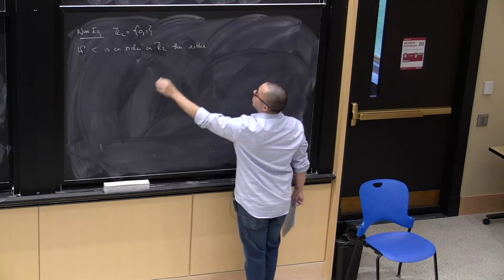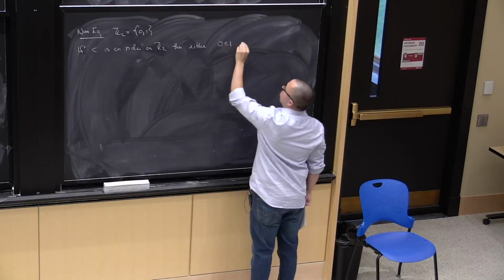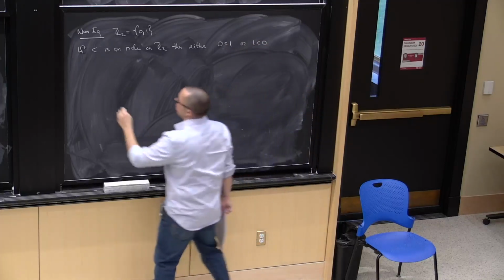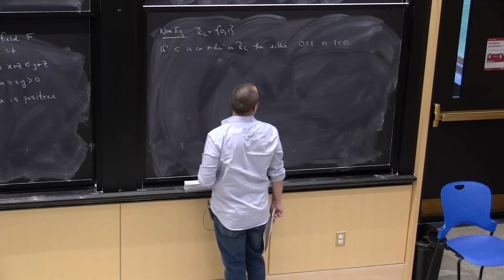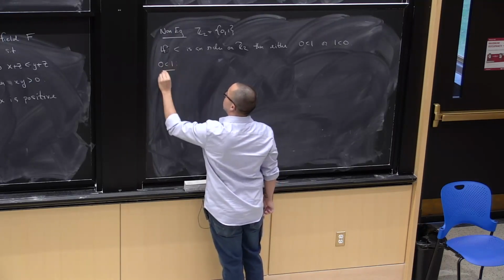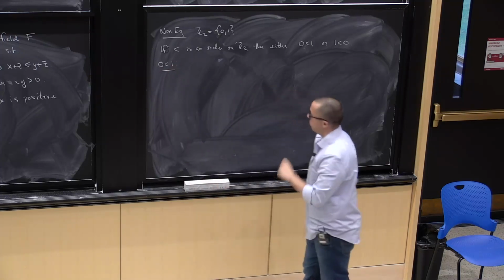Then either 0 is less than 1 or 1 is less than 0. So let's do the first case. 0 is less than 1.